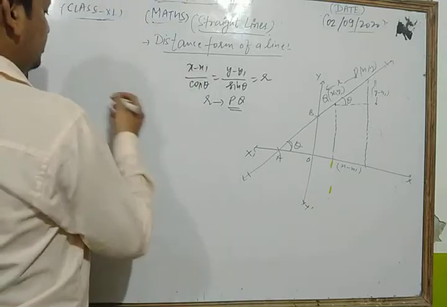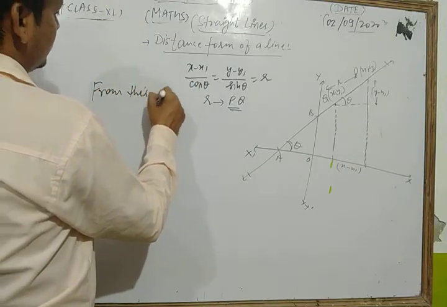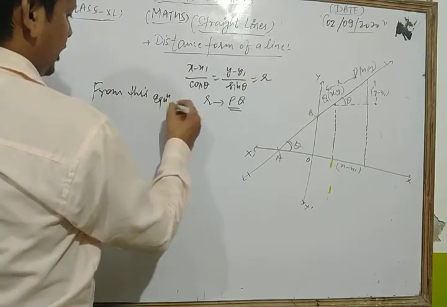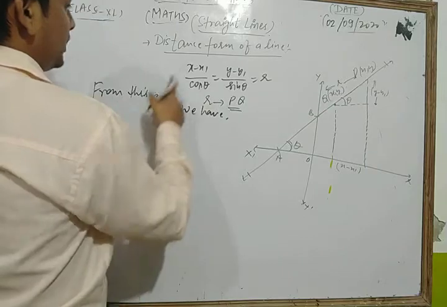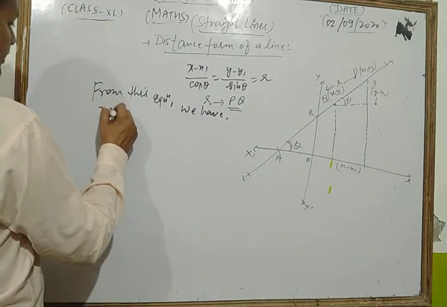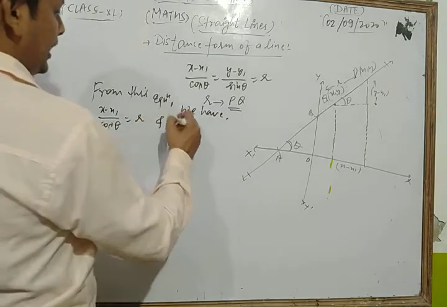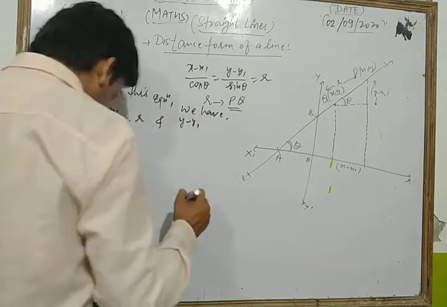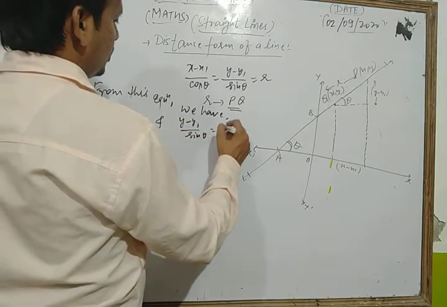Now one important thing, dear students: from this equation, which is a very important topic, we have (x minus x1) upon cos theta is equal to r, as well as (y minus y1) upon sin theta is equal to r.